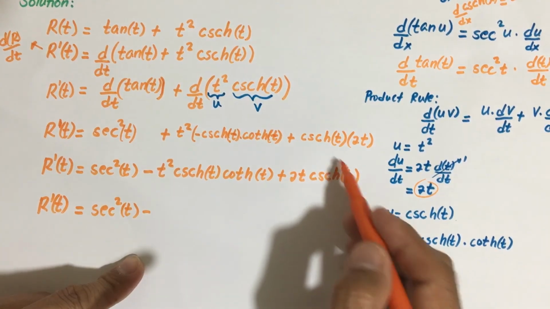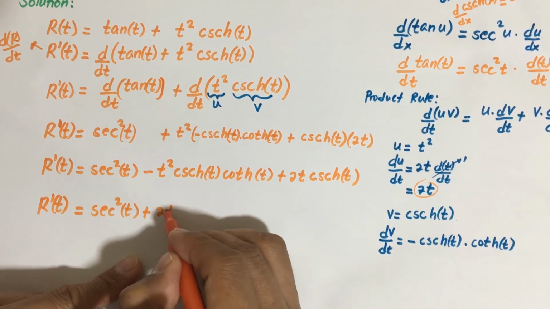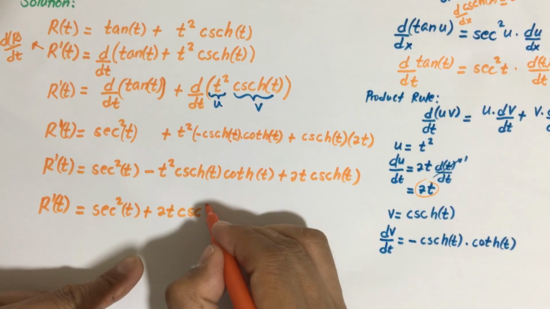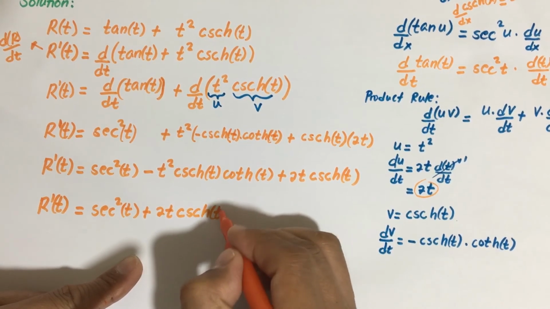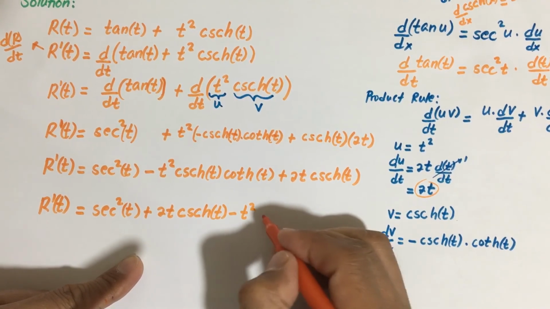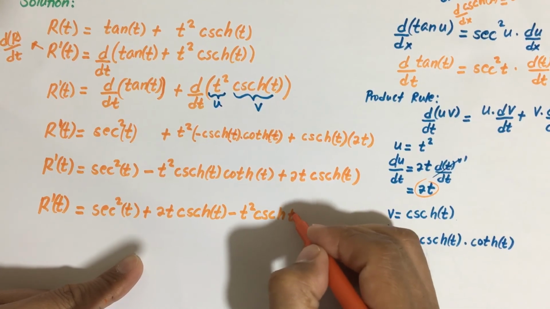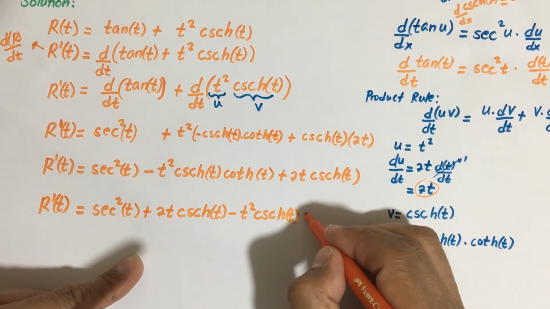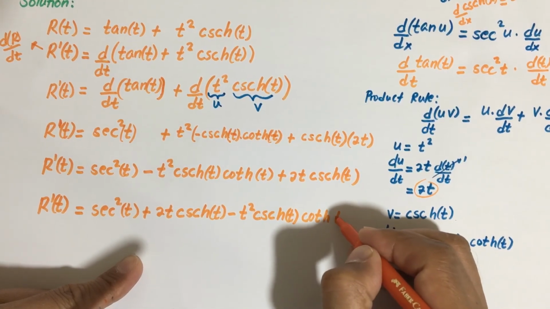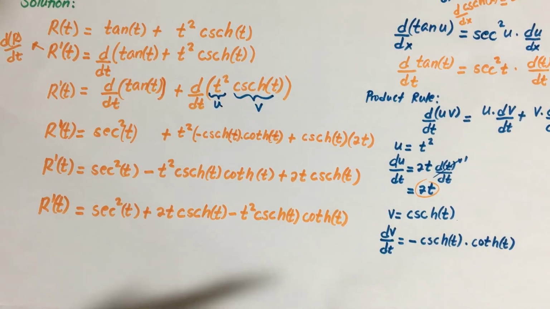So you can write this first, so plus 2 times t times hyperbolic cosecant t, then minus t squared times hyperbolic cosecant t times hyperbolic cotangent t. Okay, so this will be our final answer.